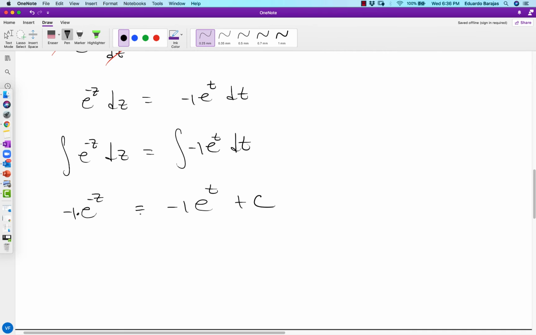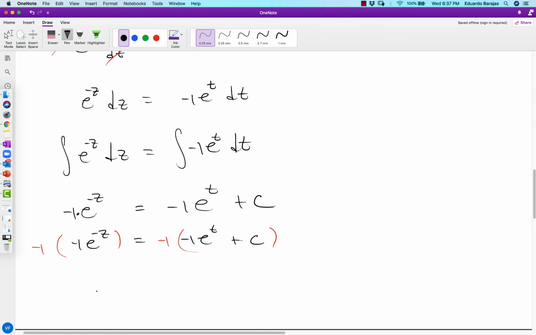Okay, so next I'm going to multiply both sides by negative 1. So let's copy it here. e to the minus z equals negative 1 e to the t plus c. I'm going to multiply this side by a negative 1, multiply this side by a negative 1.